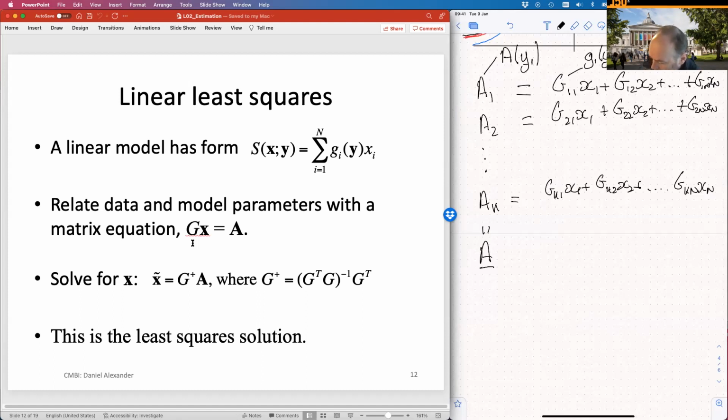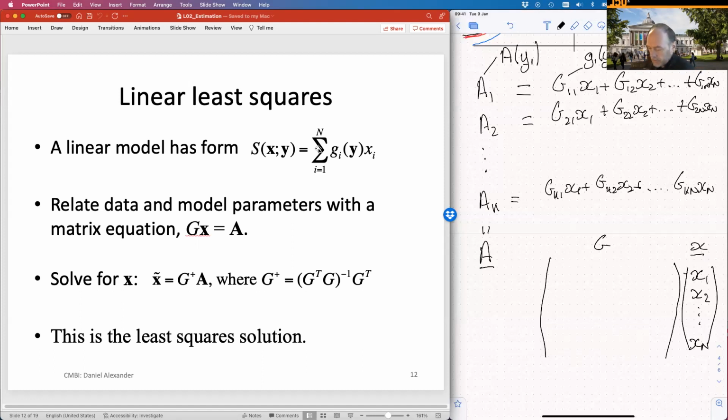We can write our list of unknown parameters x1, x2, down to xn in a vector. And that leaves simply the matrix G, which contains all of these different big G coefficients that I've written up above. So the matrix G would look like G11, G12, G1n, G21, G22, G2n.